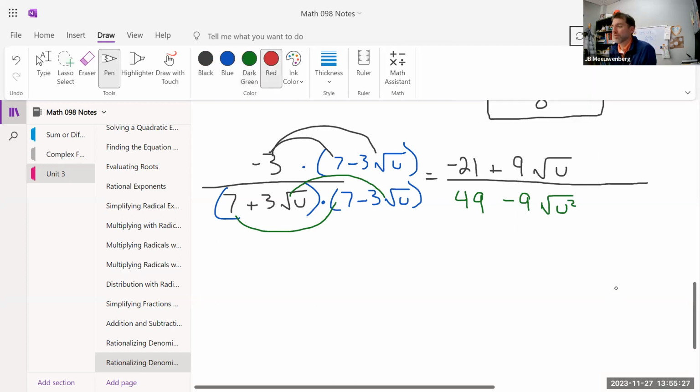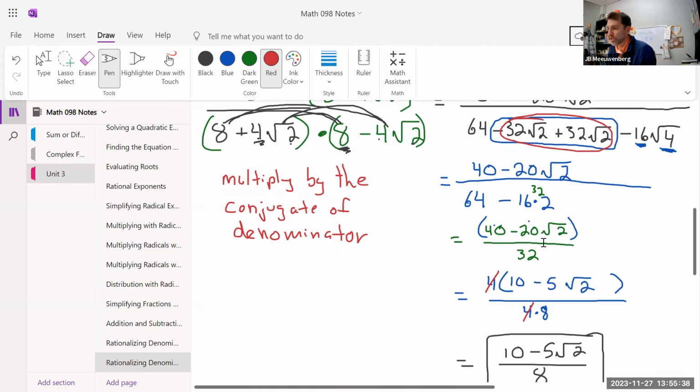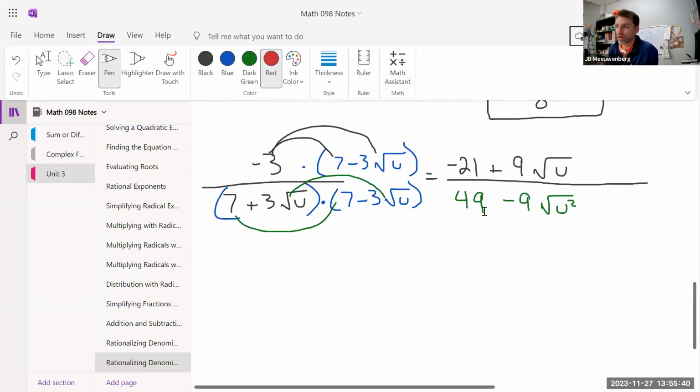You actually don't even need to bother with the other ones because they're going to cancel each other out, right? These middle ones are always going to cancel each other out no matter what. So as you get more comfortable with these, you can skip the ones 7 times minus 3 radical u and 7 times plus 3 radical u. They're just going to cancel each other out, okay? If you don't feel comfortable with that, that's fine. Then just keep doing all those steps.